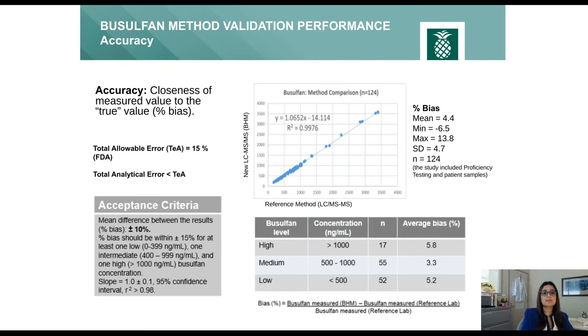The mean percentage of bias between the busulfan concentration measured with our method and measured by the reference method was 4.4%. This is an excellent result, considering that the maximum acceptable bias for a test performance is 10%. The correlation coefficient of 0.99 confirms the excellent accuracy of our method.